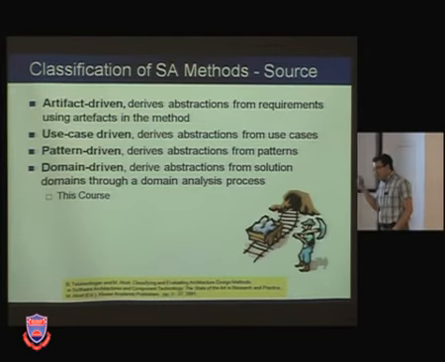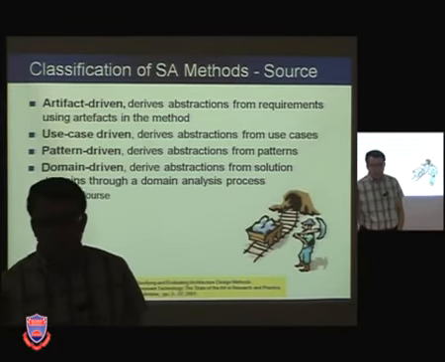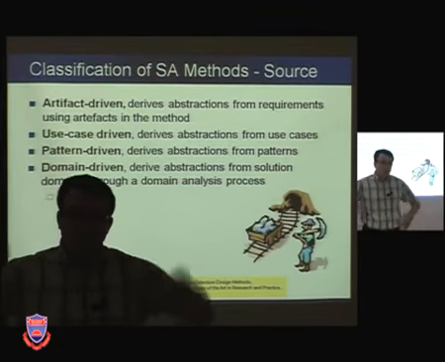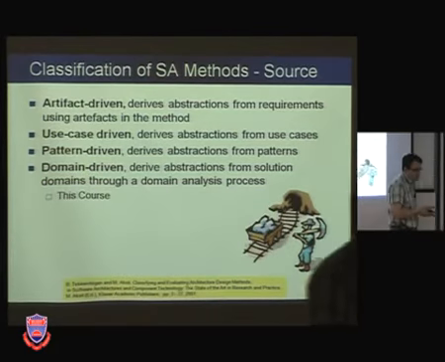And the second classification is based on that. What's the source of these components? Or in general, architectural elements. Could also be relation: architectural component, architectural relation.